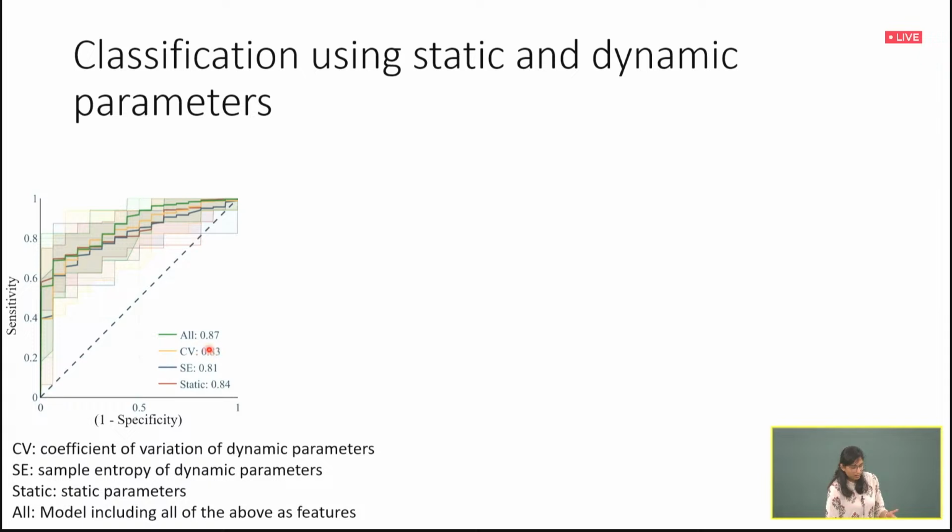In yellow is using coefficient of variation of the dynamic parameters, and in green, if you use all of these as features of a classifier, this is how the area under the curve looks. So it increases; the area under the curve is much better if you include all of these features in the classifier.